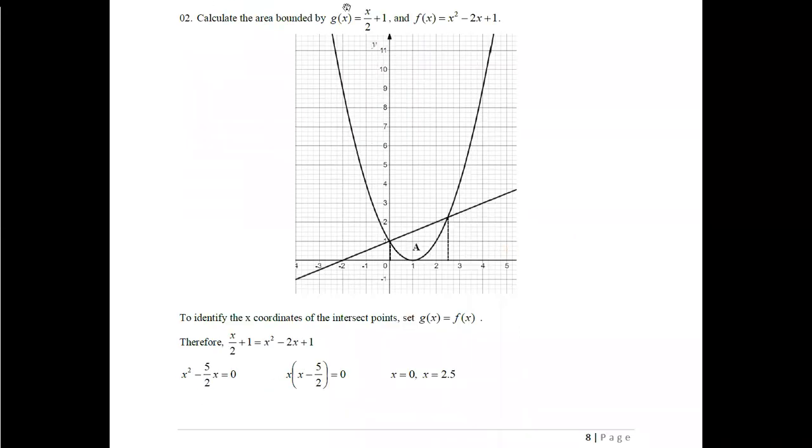Once you sketch them, this is my f(x), the curve denoted by x squared minus 2x plus 1, and this is the graph for f(x), and this is the graph for g(x).